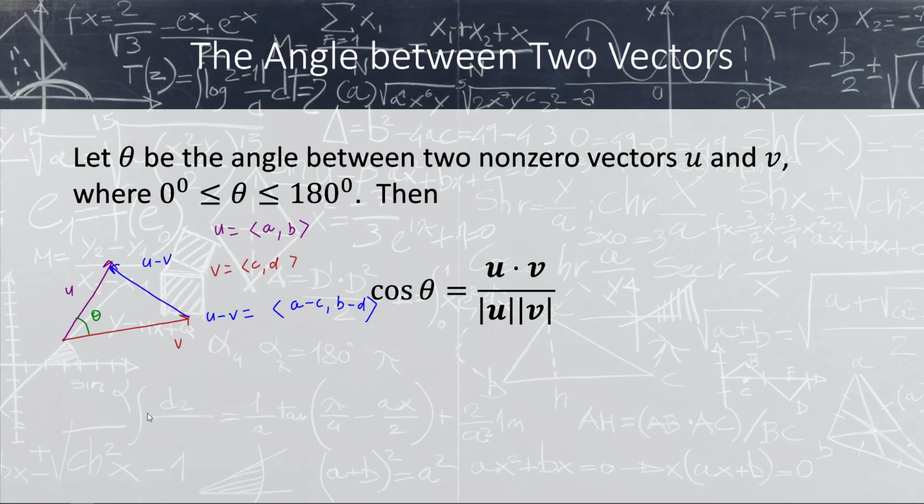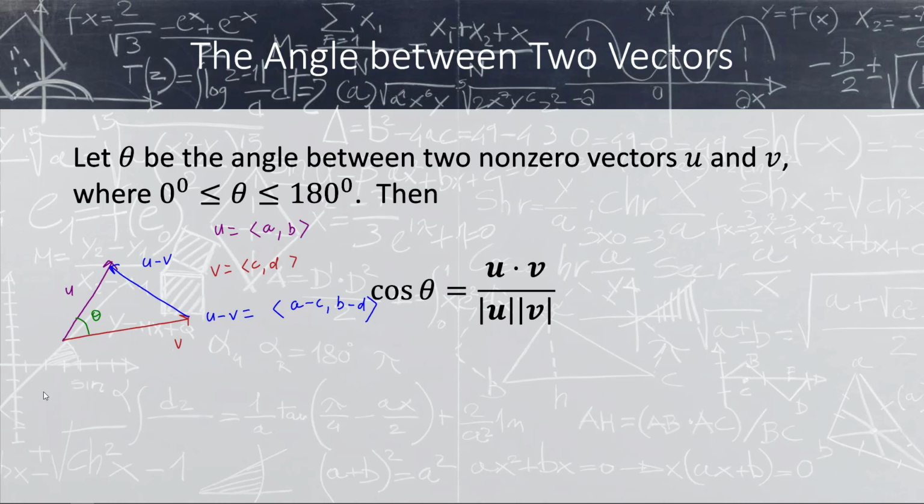Okay, now notice here we have two sides, and we know the magnitude of those two sides, with an angle in between them. So we can actually use the law of cosines to relate the magnitude squared of u minus v to the magnitude squared of u, the magnitude squared of v, and the angle in between them.